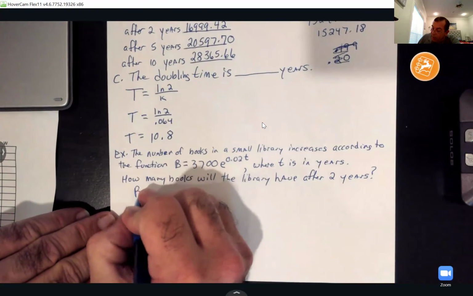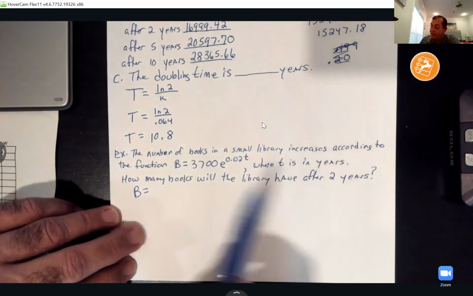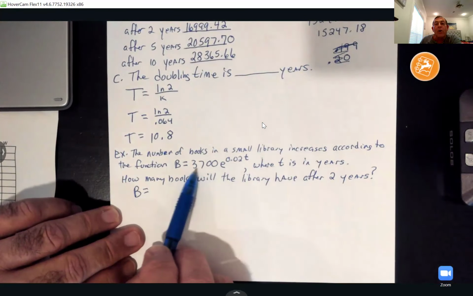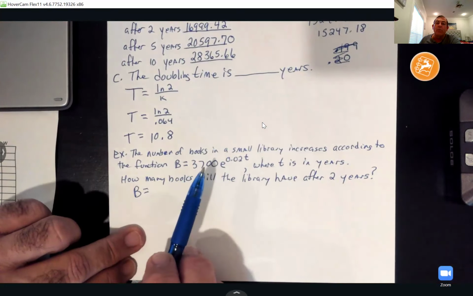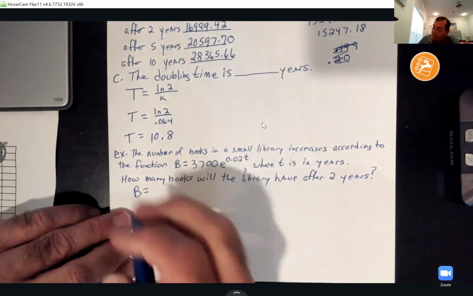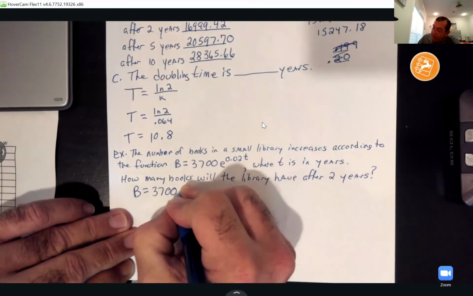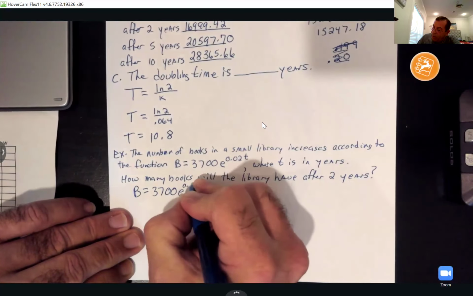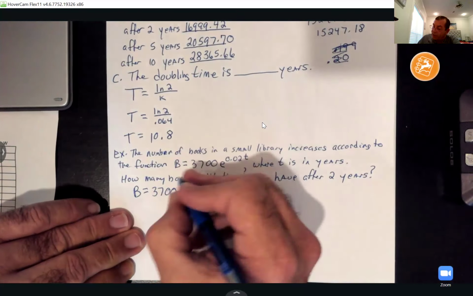So B means how many books they'll have. It looks like they started out with 3,700 books, so when we're done, we're looking for something more than that, okay? So we bring down our 3,700 E to the 0.02 times our T, which was 2 years.